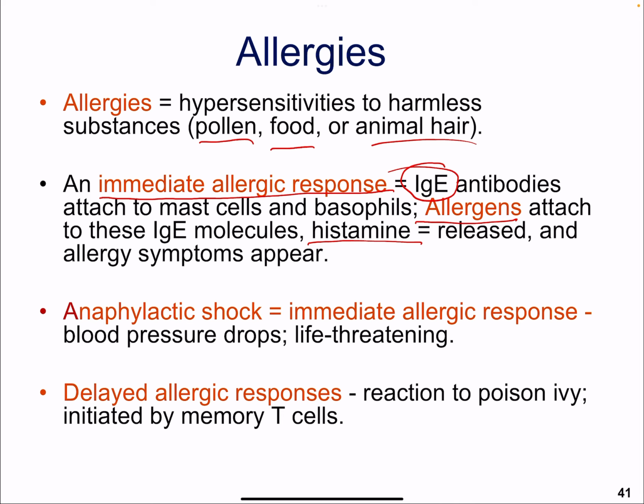Now, you do have some immediate allergic responses that are very life-threatening. These ones are called anaphylactic shock. This anaphylactic shock can lead to a drop in the blood pressure, and this is life-threatening, but not just life-threatening. Actually, I know people who have lost their lives because of anaphylactic shock.